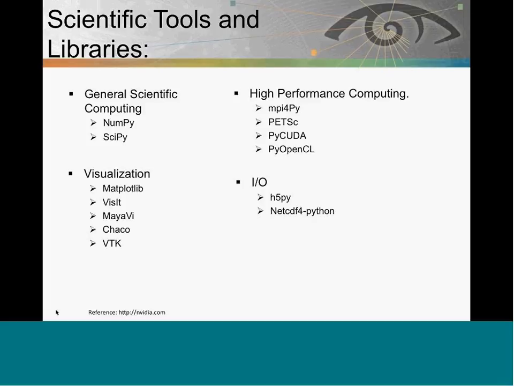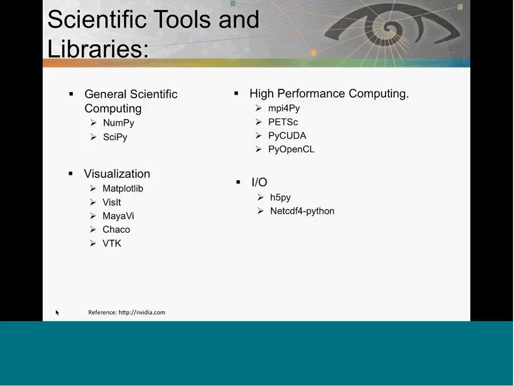So if you need to, you can write a Python script for VisIt and just submit the script to VisIt, and it's going to do the visualization for you. And I'm sure you have heard about VTK. That's a visualization tool. Python has an interface with VTK, and you can do very nice graphics using that interface.